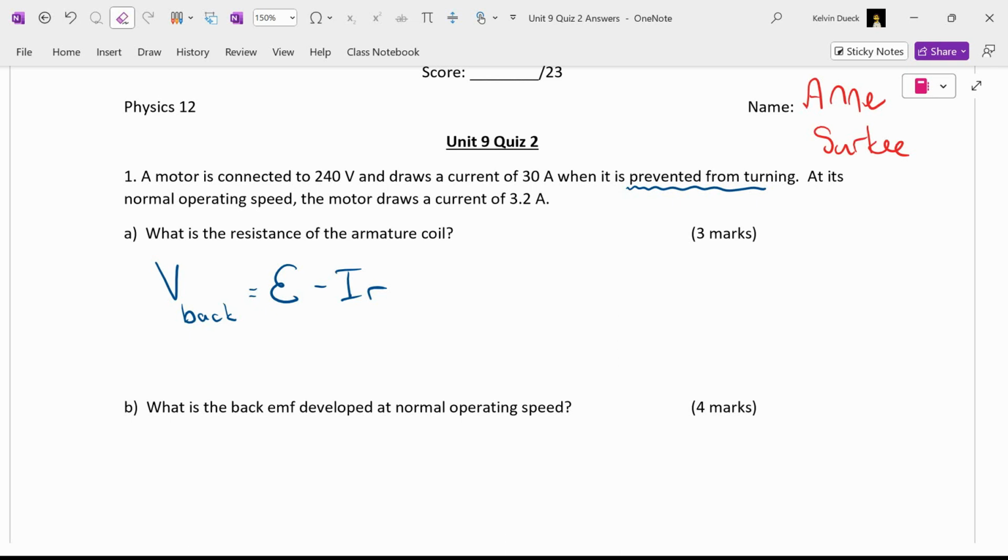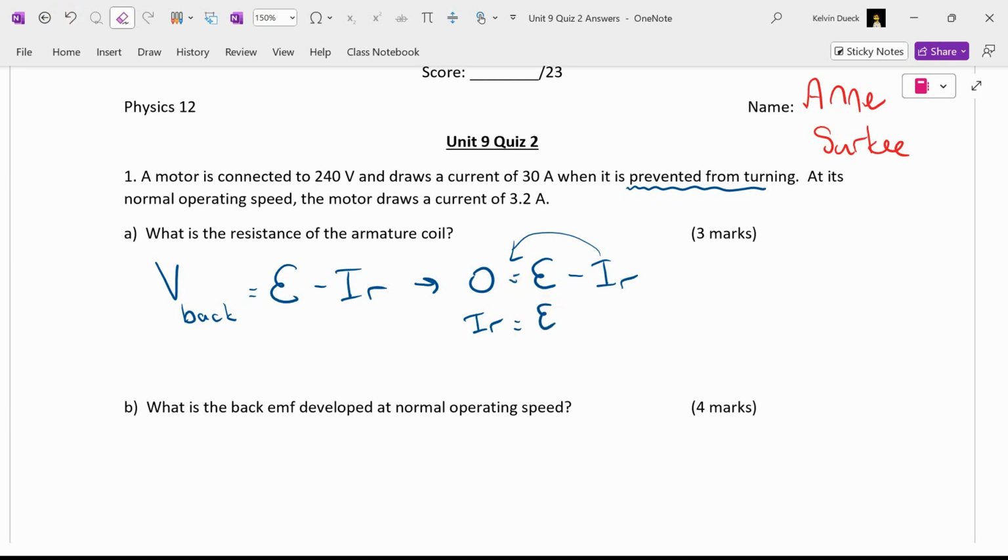When it's not turning, what's your back voltage exactly as a number? So when it's not turning, you get 0 equals your source voltage minus that. In fact, you can now get the R by itself, plus that over to that side, and you get a version of Ohm's law, except we just wrote it that way.